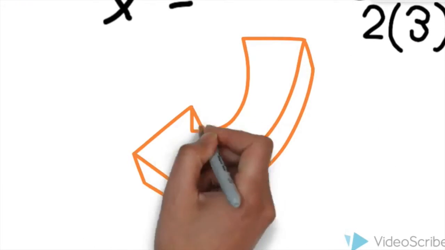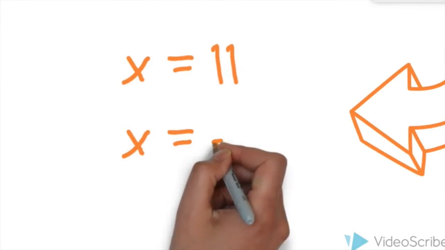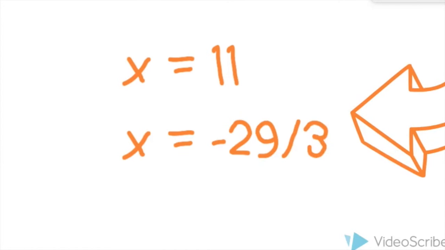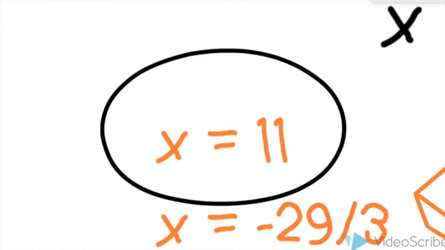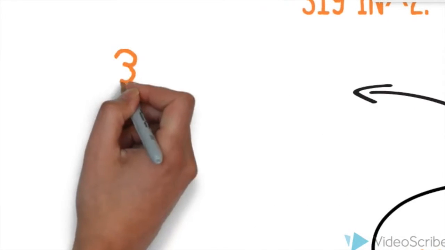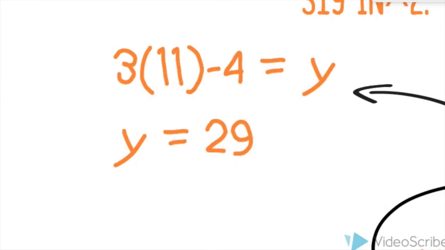This will give us the answer of x equals 11 and x equals negative 29 over 3. Since this is a distance problem, we use the positive number. To find the other side, we use the equation for the longer side, which is 3 times x minus 4 equals y, and y is 29.